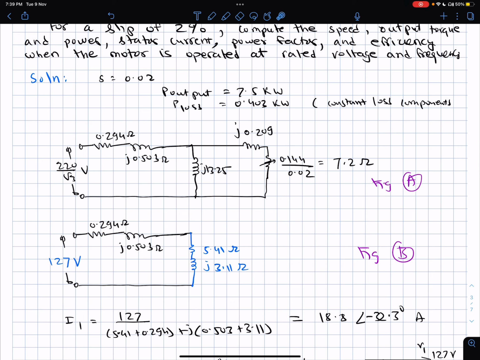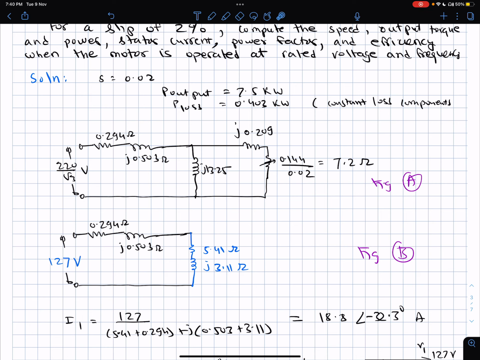So first of all, we are going to create a new equivalent circuit. We are going to simplify this and create a Thevenin's equivalent circuit, as if we are looking from this particular point.